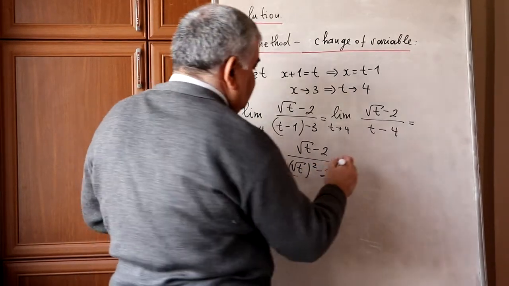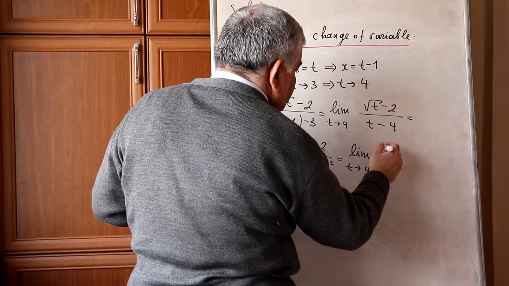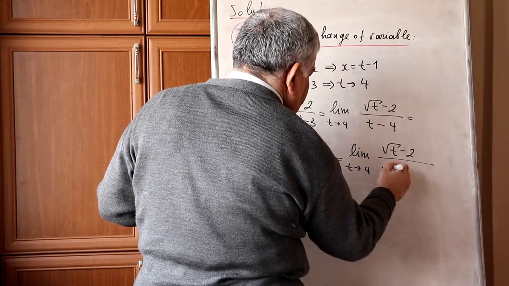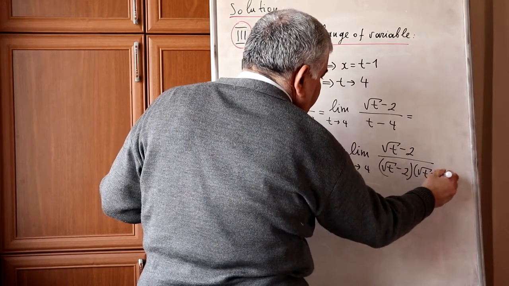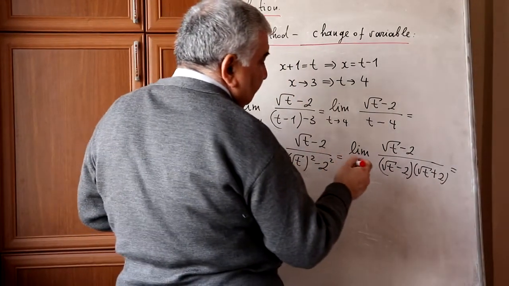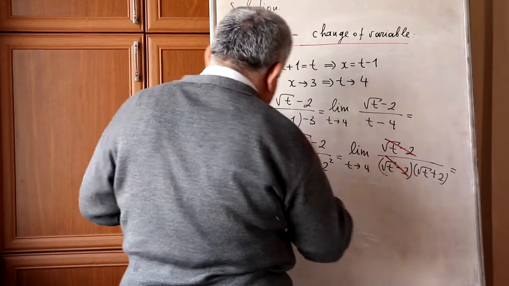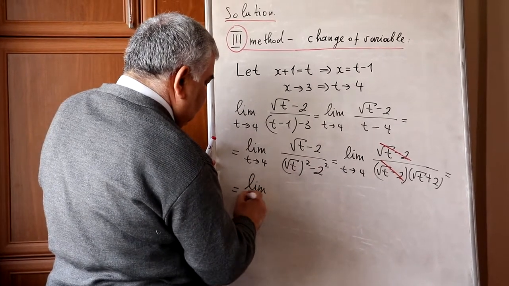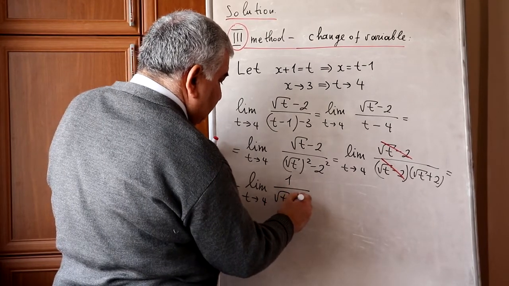Then it is limit when t tends to 4 of square root of t minus 2 over square root of t minus 2 multiplied by square root of t plus 2. Then we can simplify numerator and denominator by square root of t minus 2. Then we have limit when t tends to 4 of 1 over square root of t plus 2.